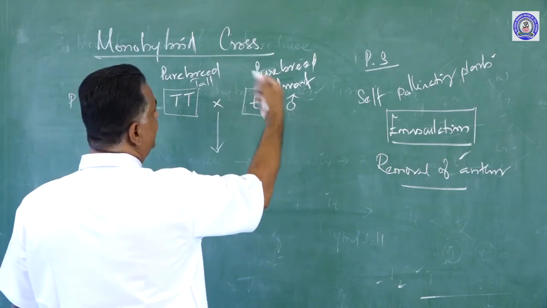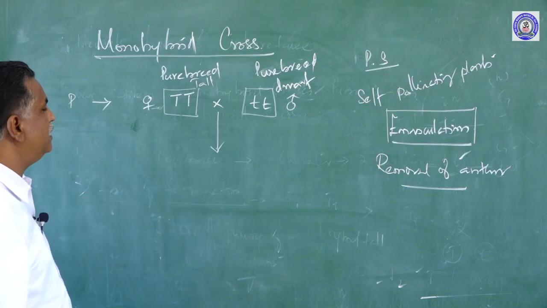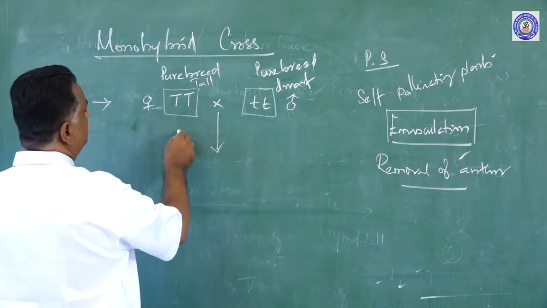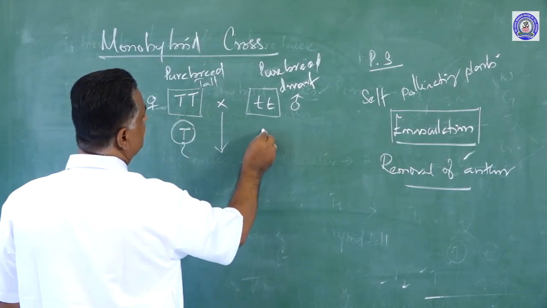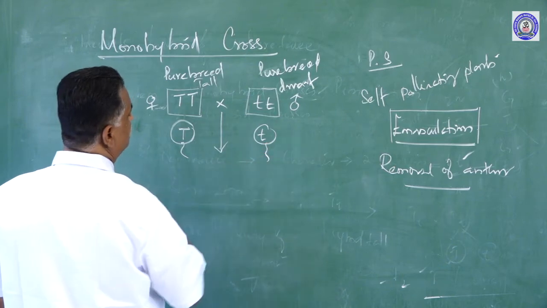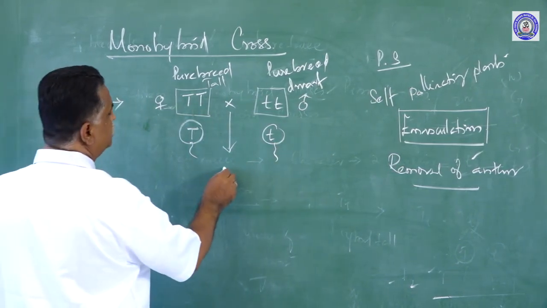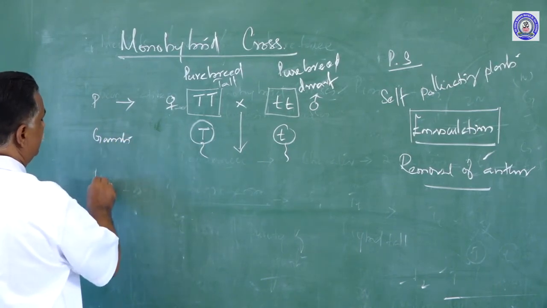And he picked up anthers or pollen grain from this plant and sprinkled over the stigma of the tall plant. And you consider this as a gamete, and here you consider this as a female gamete.